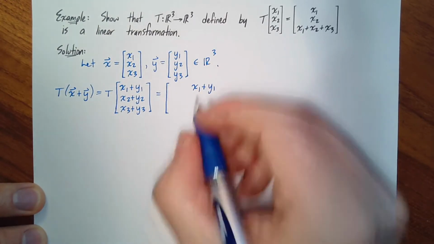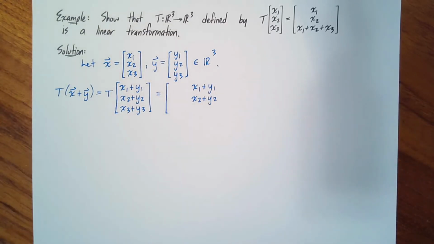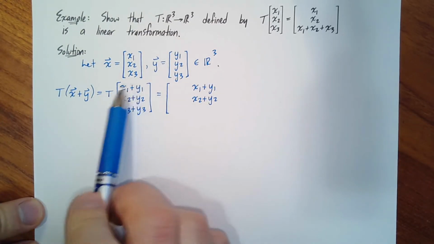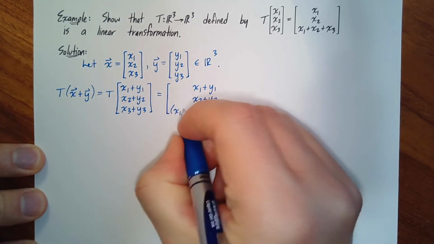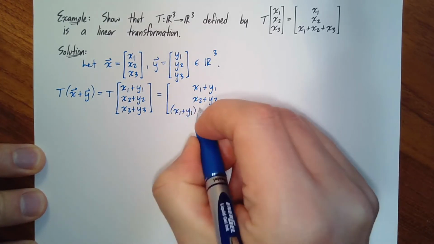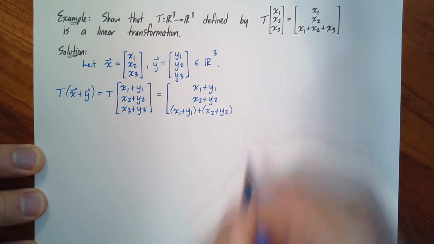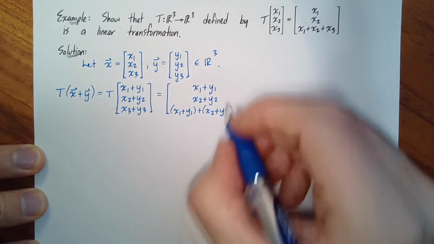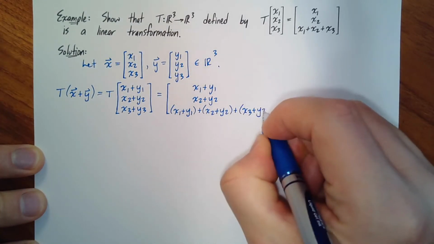Then for the second coordinate, I'm going to write x2 plus y2. But then for the third coordinate, we're going to add up all 3 of these. So first one, x1 plus y1. Then the second one is x2 plus y2. And then the third one is x3 plus y3.